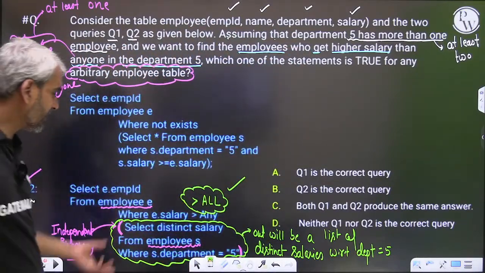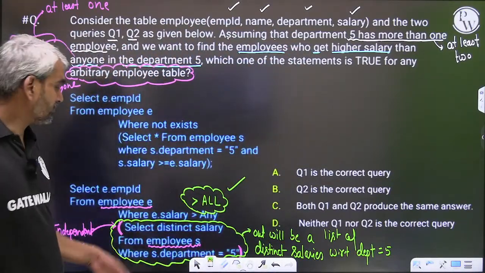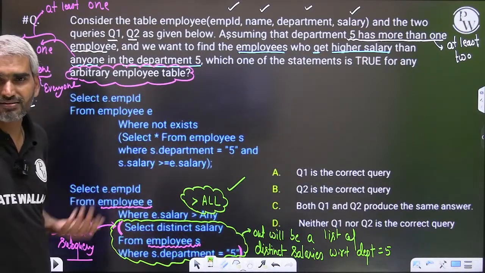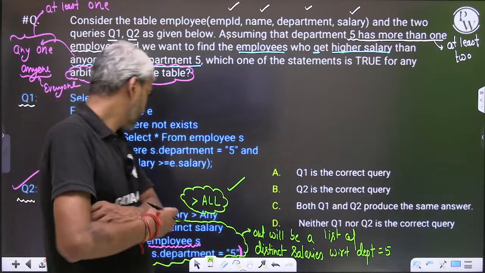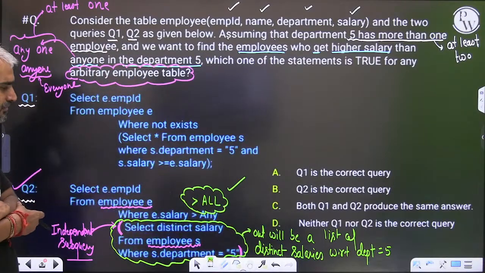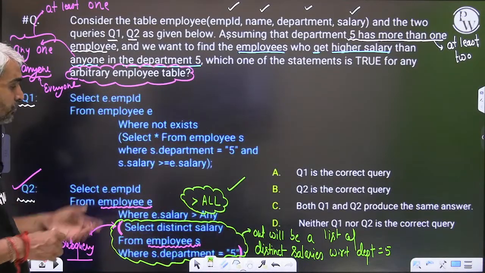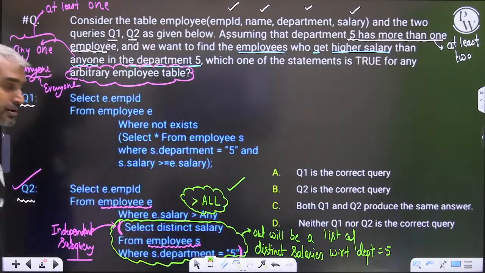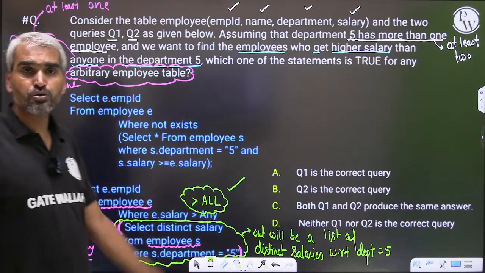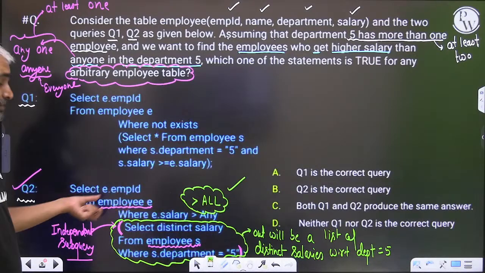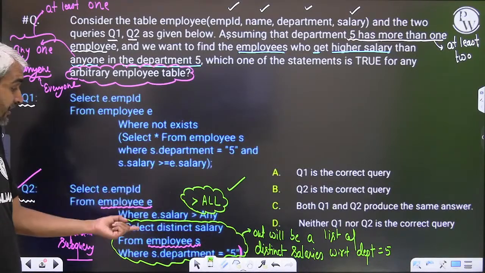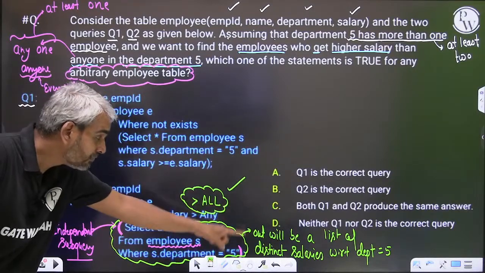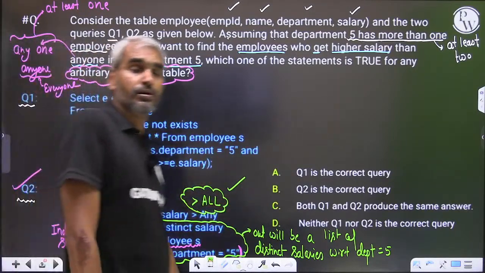If the salary happens to be null, then ultimately this will be an empty relation, and based on that, this will be a problem. But anyway, we are not considering null values. So rather than greater than any, if you use greater than all, then it will select the tuples from the employee table whose salary is more than all the salaries with respect to department 5.